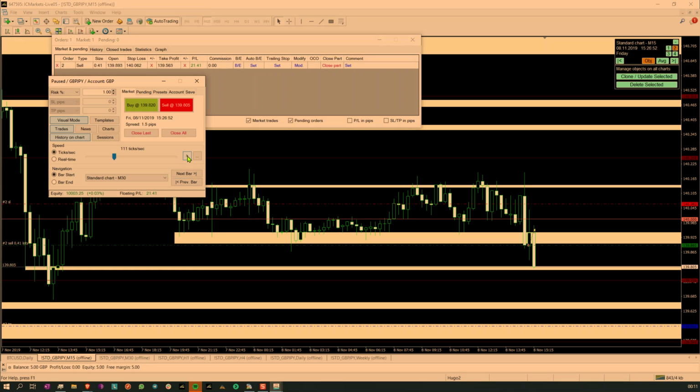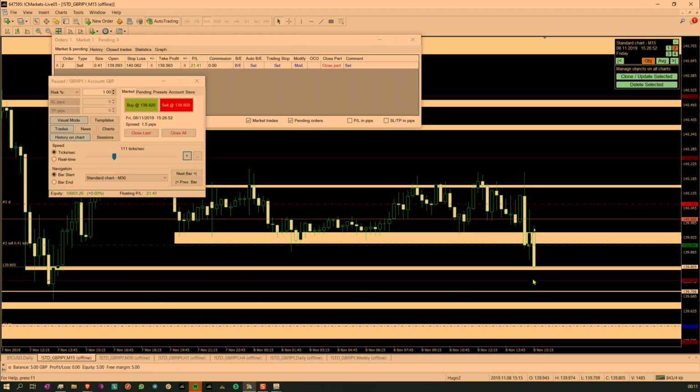Okay. Oh shit. Didn't pause. Does it go up again? I want to take my target around here, around this zone. Let's see if it goes back a bit.